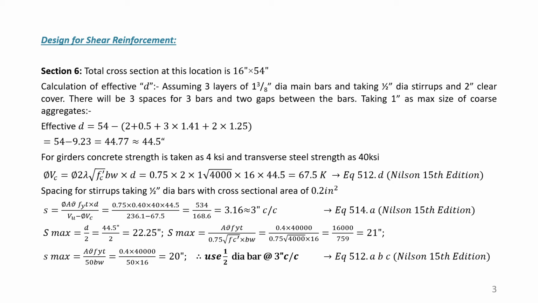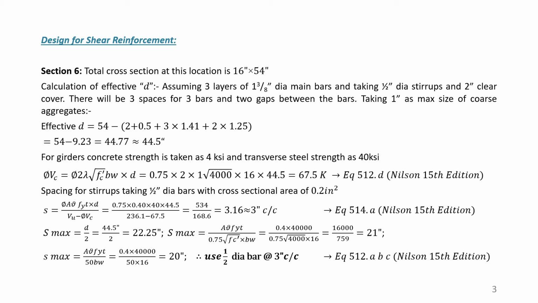And below, Vu is the calculated shear, 236.1, and phi Vc, that is how much the concrete itself can take, is 67.5 as we have previously calculated.